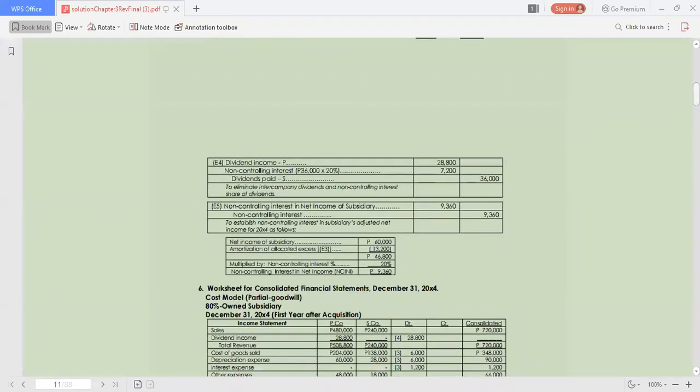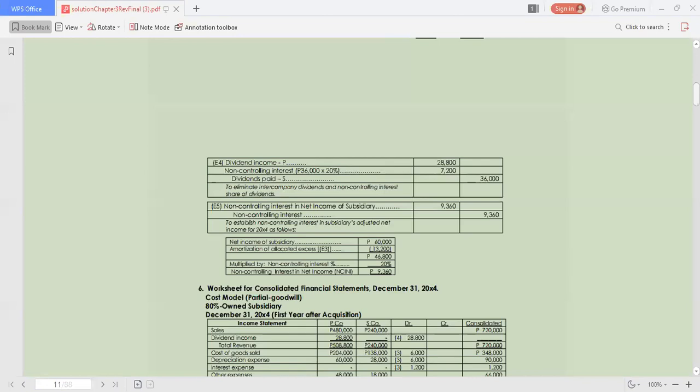Now in E4, we debit dividend income. Take note that in the books of the parent, there is dividend income of 28,800, understood to be dividends received from S Company. And the dividends paid by S Company is 36,000. 80% is credited by Pascal to dividend income of 28,800, and the 20% is to the non-controlling interest.